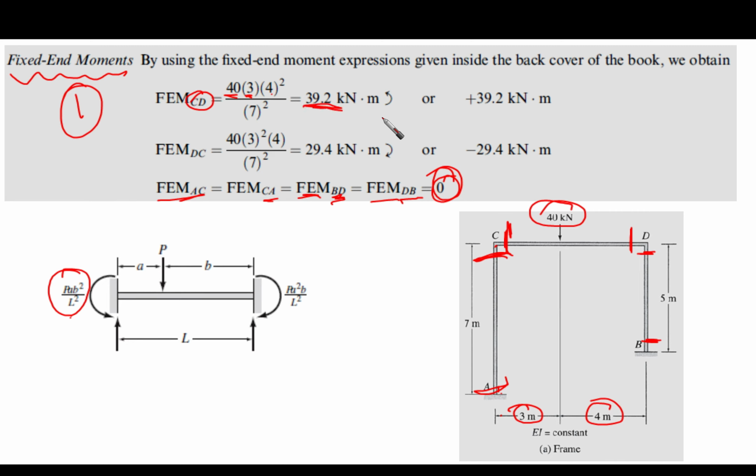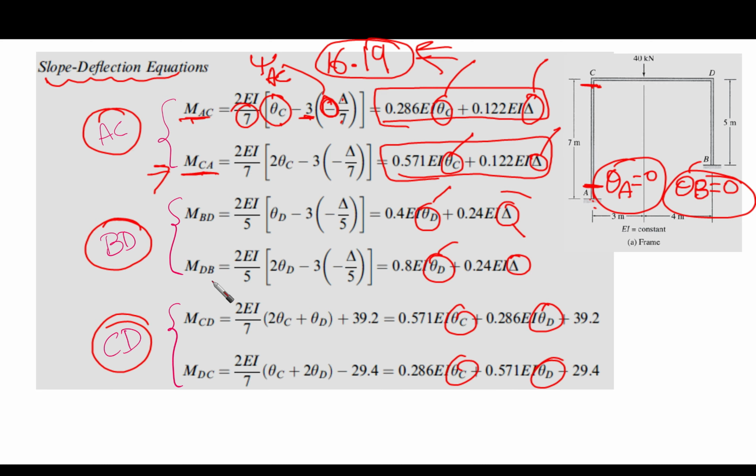Repeat the same slope deflection method for CA. You are going to find this equation, with unknowns theta C and delta. Similar for all of the other members, with theta D and delta, theta C, theta D. As you can see, all the moments are defined in terms of theta C, theta D, or delta.